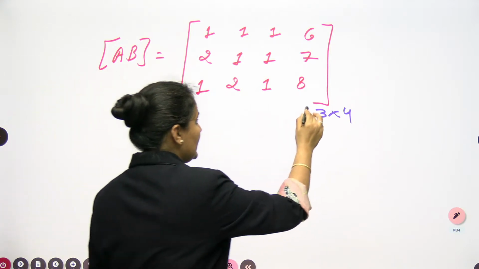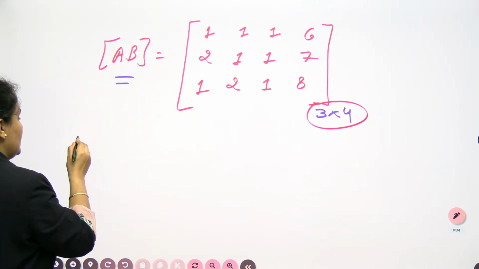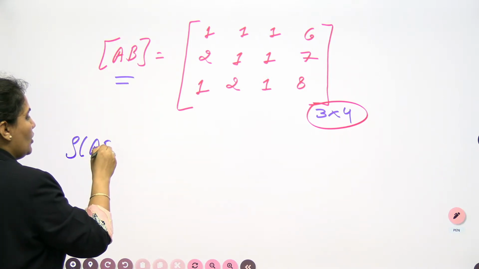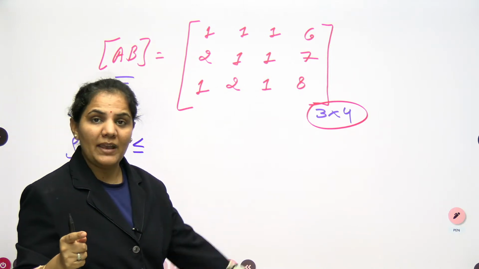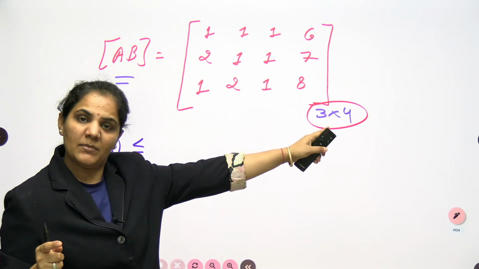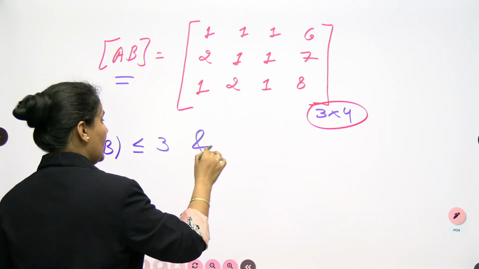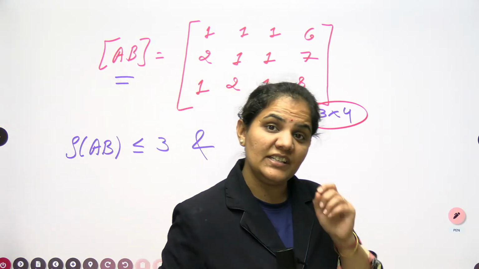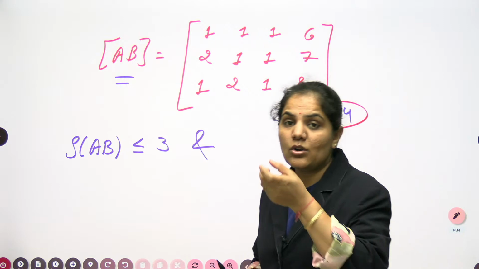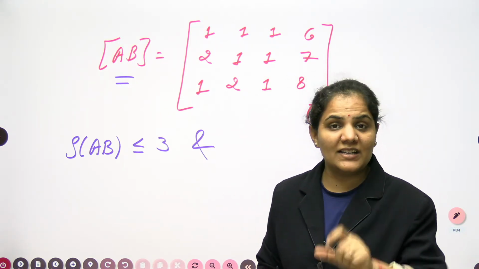For any 3 cross 4 matrix, like this matrix AB, the rank of AB will be less than or equal to the minimum of m and n. Here the minimum number is 3, so this will be less than or equal to 3. As we know very well, for finding the type of solution, I need to identify the rank of the augmented matrix AB and the rank of matrix A also.